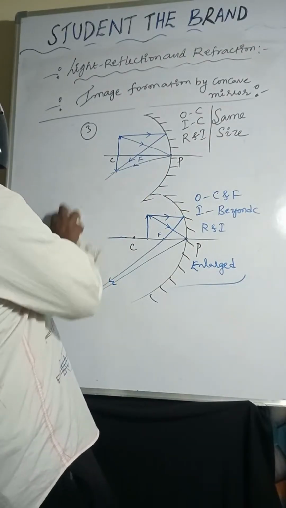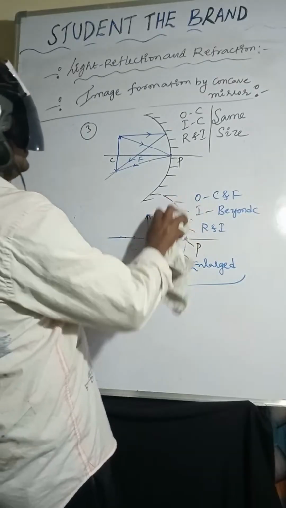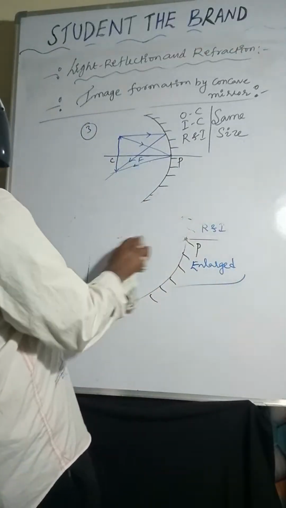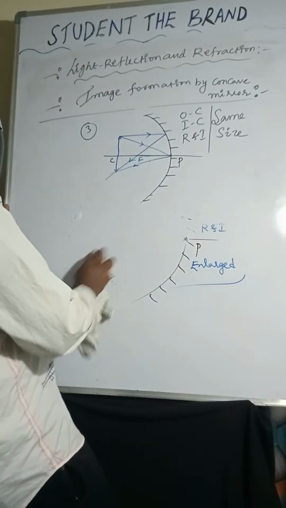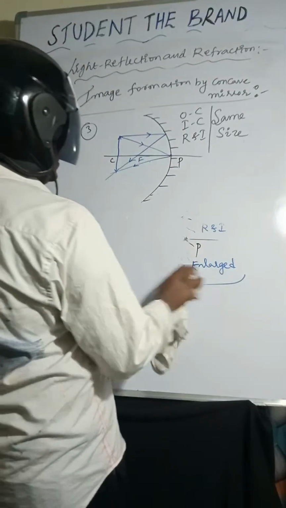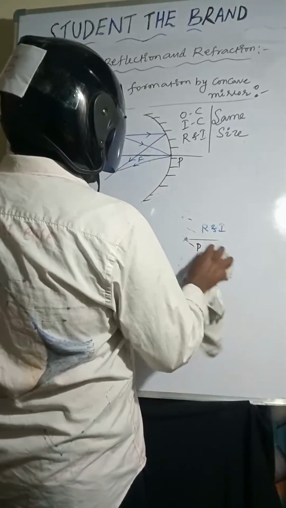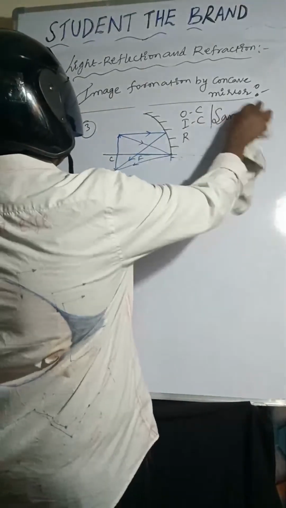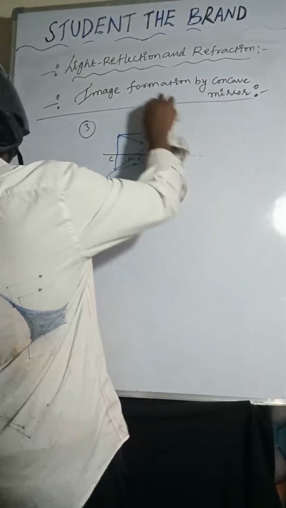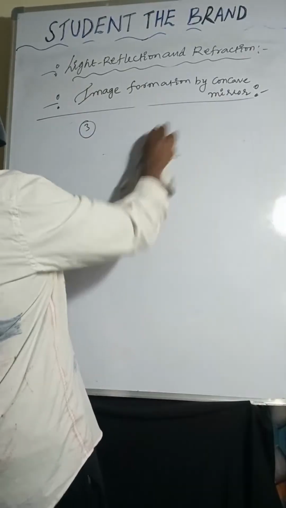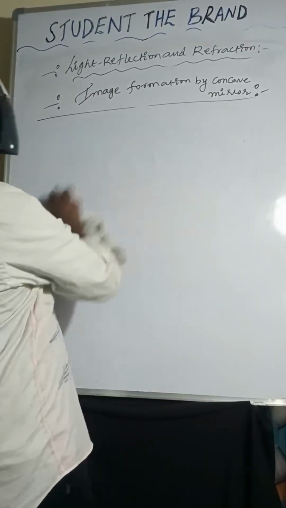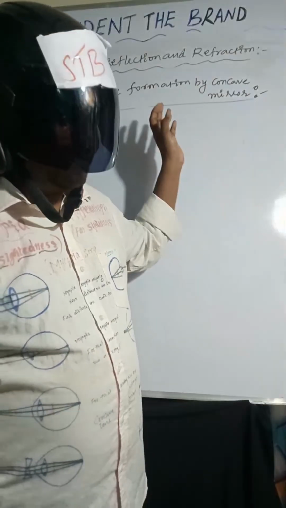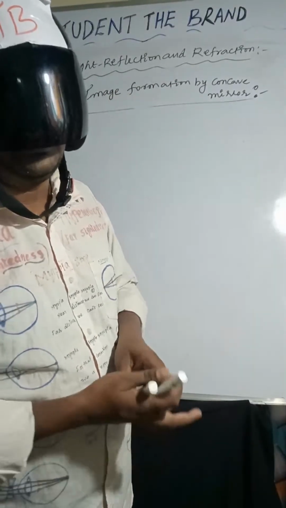Next case, the fifth case: the object is placed at F, and the last case is the object placed between F and P. In the fifth case, where the object is placed at F, the image will form at infinity.